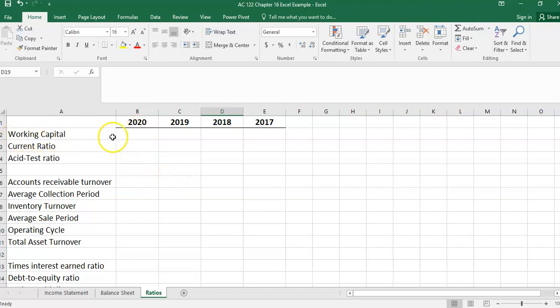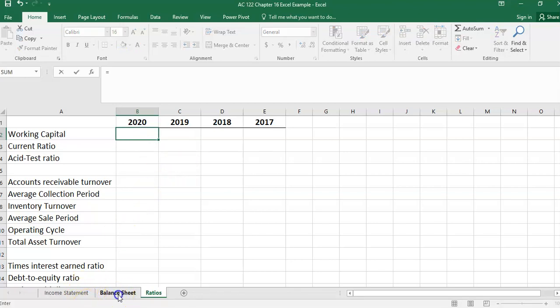The first ratio we start with is working capital. Working capital is current assets minus current liabilities. This tells how able a company is to pay off their liabilities over the next year. So do they have enough available in current assets that they can cover any debts that are current and need to be paid within the next year?